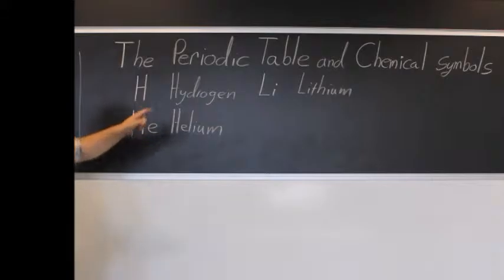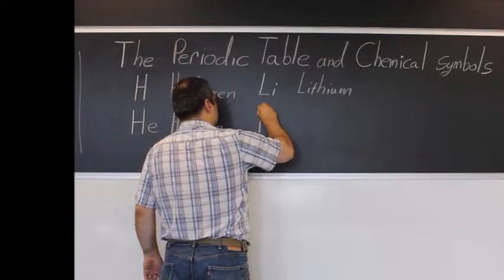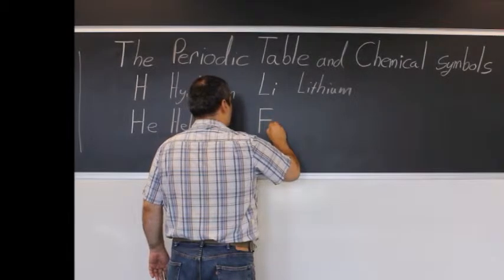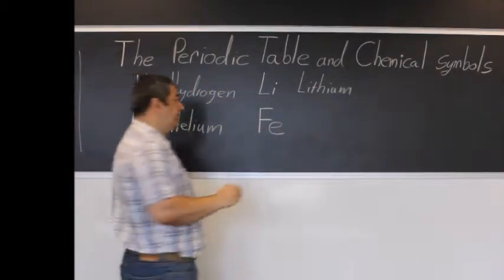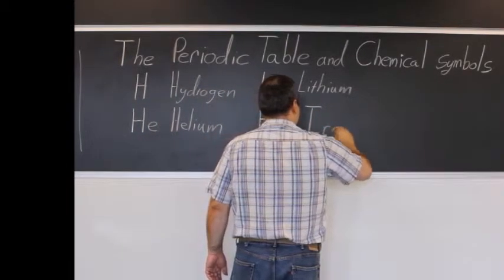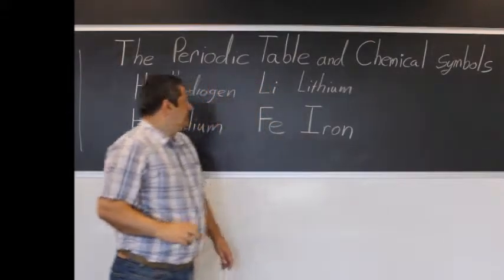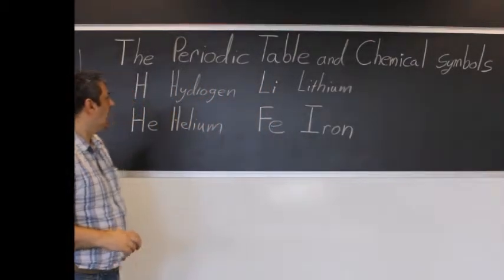H, He, Li. And if we skip ahead, later in the periodic table, we'll find the element Fe, which is iron. Which of these is not like the other?